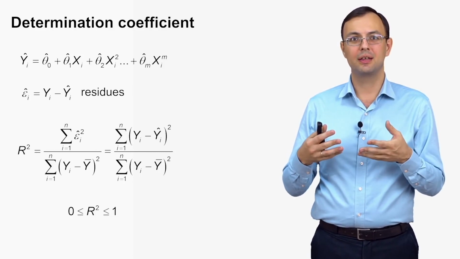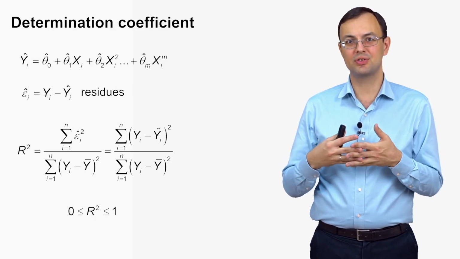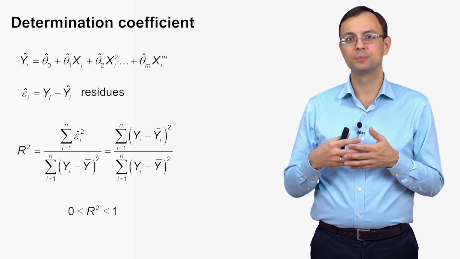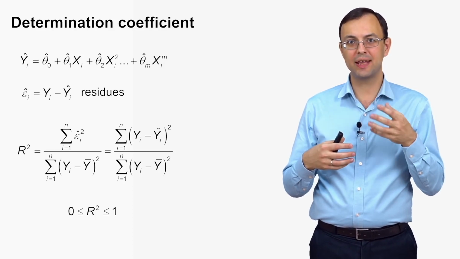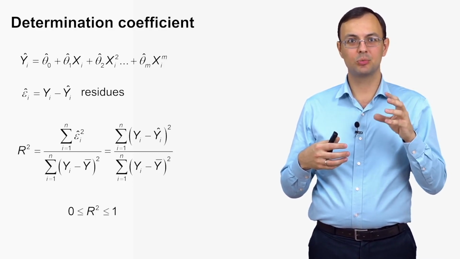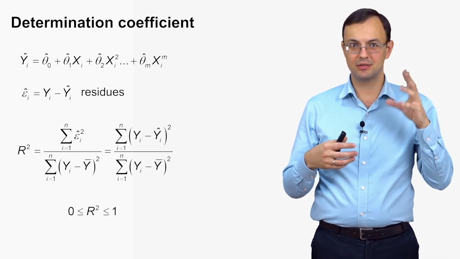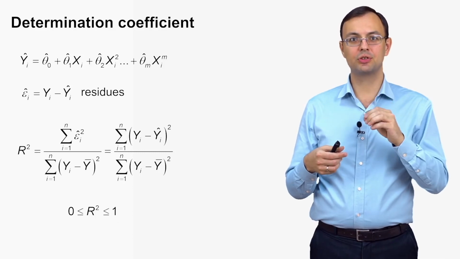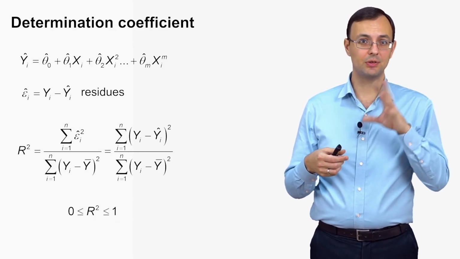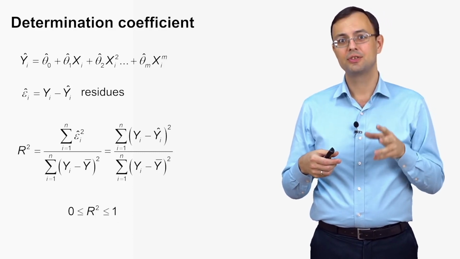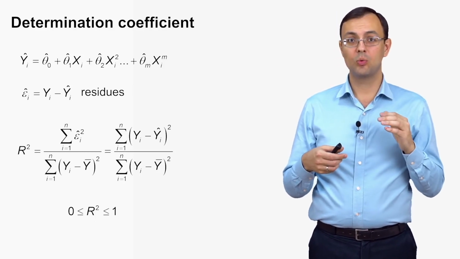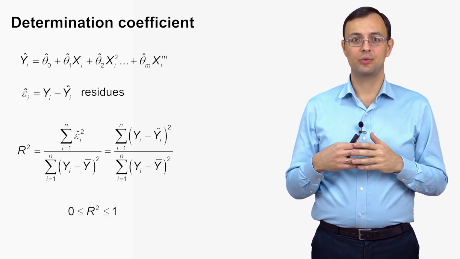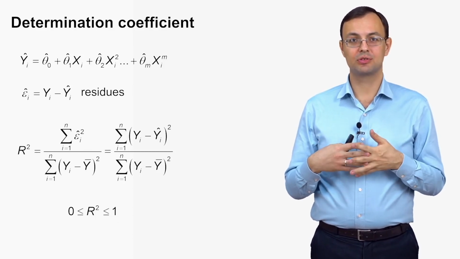So you cannot use this model for any predictions, as real y will deviate very much from your prediction. And if the determination coefficient is close to 1, something like 0.8, 0.9, and so on, this means that y can be predicted with the help of x to a very high degree, so that the model can be used in practice.